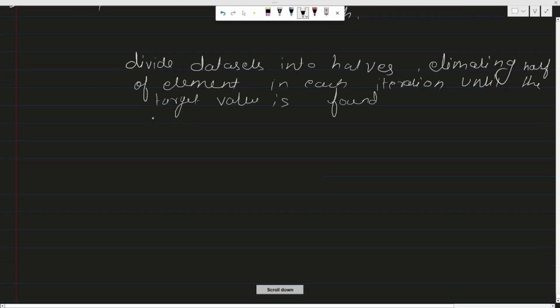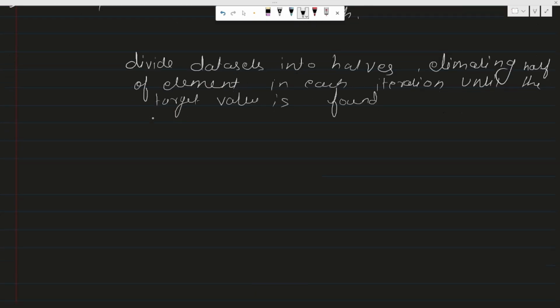Let's take a real-world example: think of how you use a dictionary to find a word. Instead of flipping through every page, you start near the middle, decide which half to search in, and keep narrowing it down.